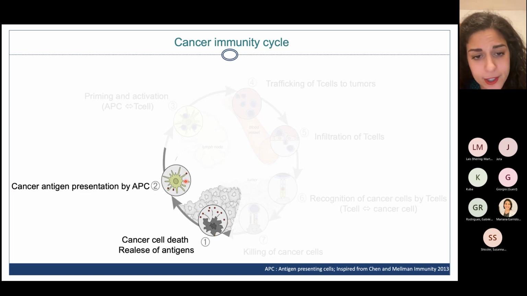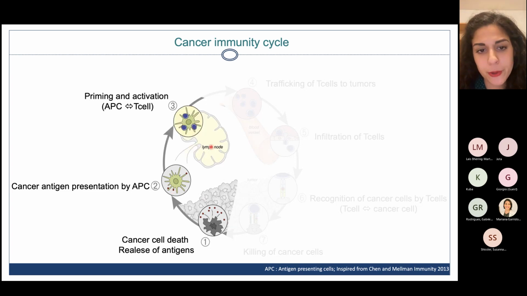These antigens, the little red dots here, can be internalized by specific cells called antigen-presenting cells. These cells will eat lots of different antigens, and afterwards they will transit to lymph nodes in order to specifically activate the T cells that have the specificity for the antigen they present.